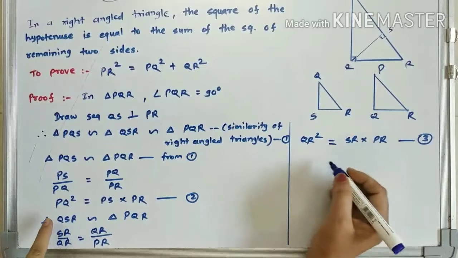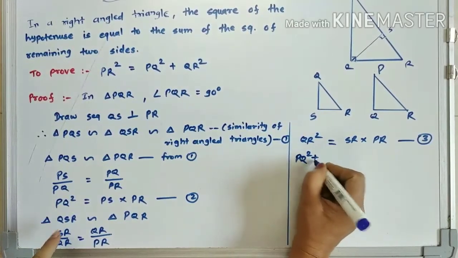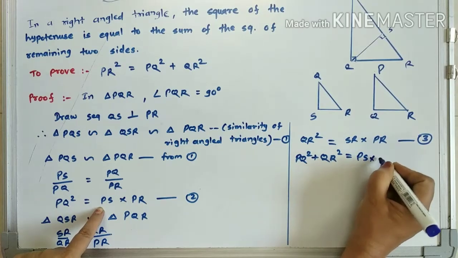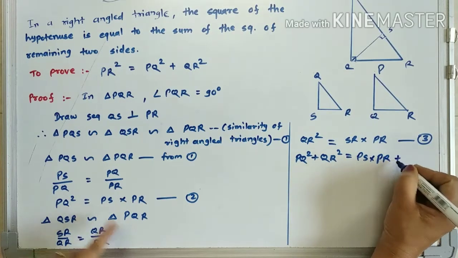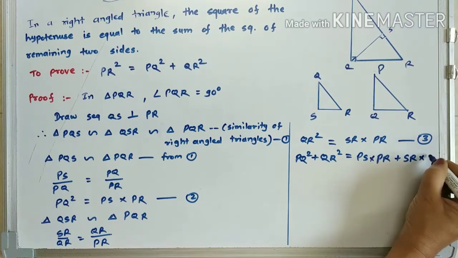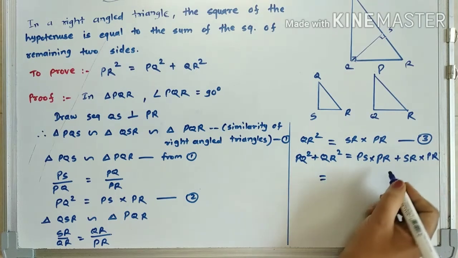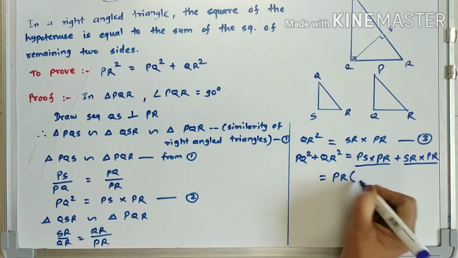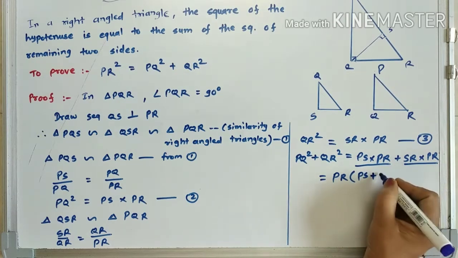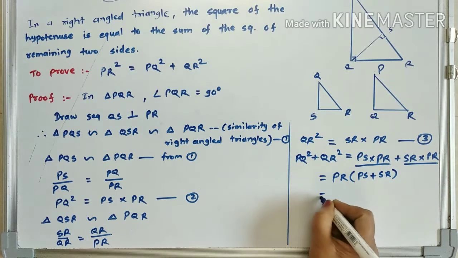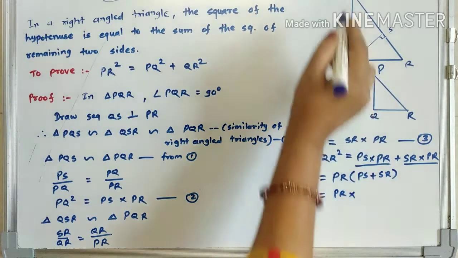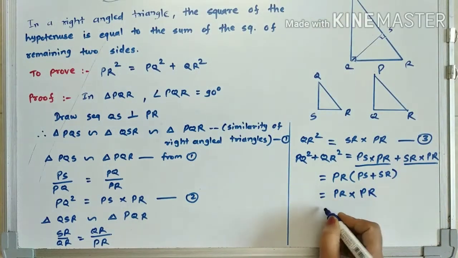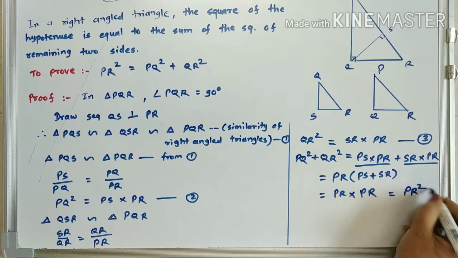Adding 2 and 3, we get PQ square plus QR square equals PS into PR plus SR into PR. PR is common in these two terms, PS plus SR left, therefore PR into PS plus SR, which is PR, equals PR square.